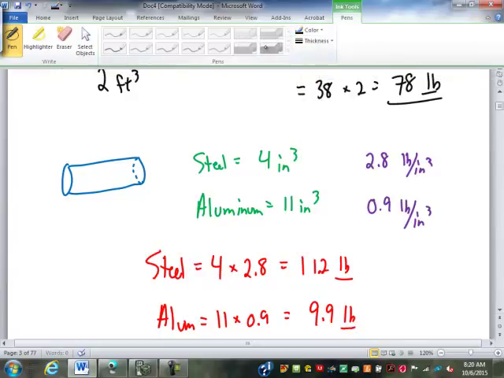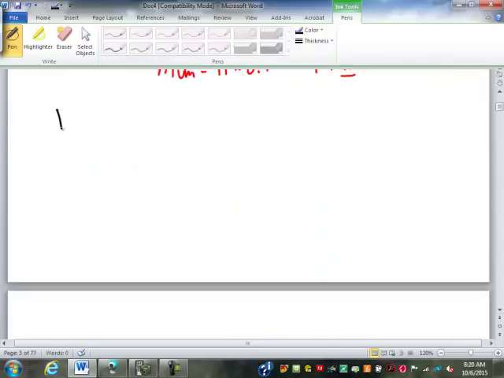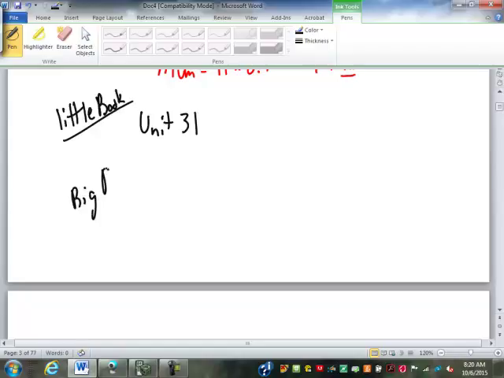So anyway, it is time to turn you guys loose. In your little book, it is Unit 31. In the big book, on page 251, it is exercise 8-7.